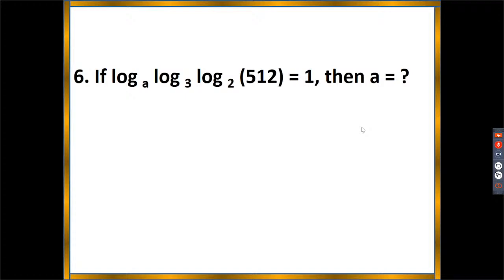So 512 means 2 power 9, right? Because everyone remembered 2 power 10 is 1024. Whenever 2 power 10 is 1024, 2 power 9 is 512.